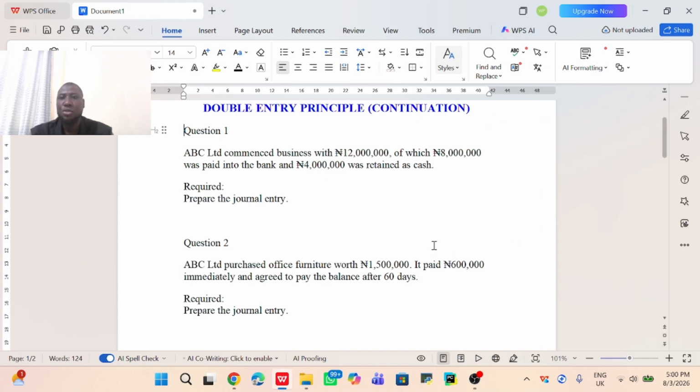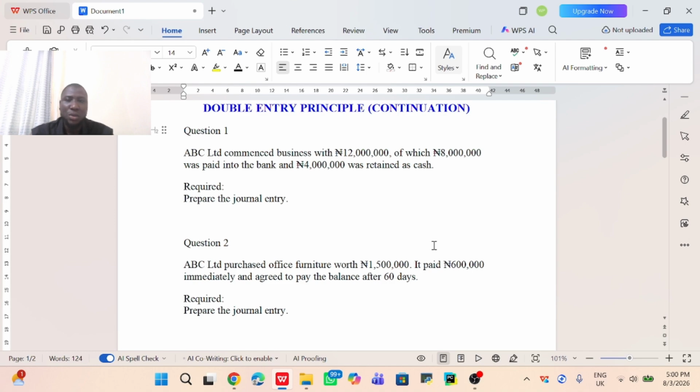I also said, if we have P, which stands for purchase, E for expenses, and A for assets, and they increase in amount, that means this category of assets will be debited.